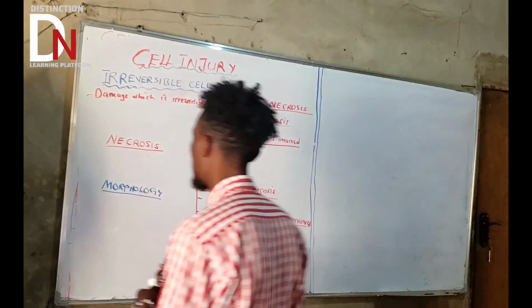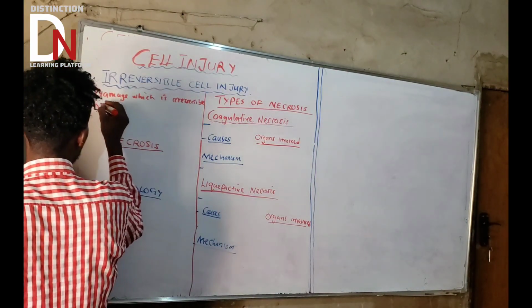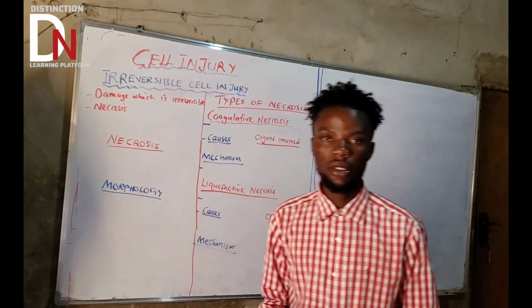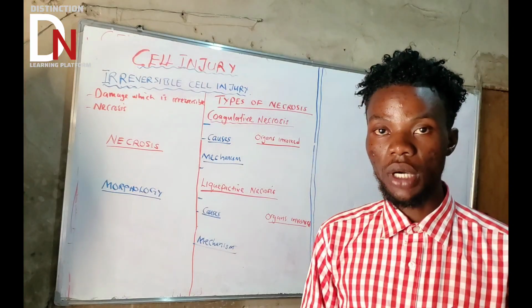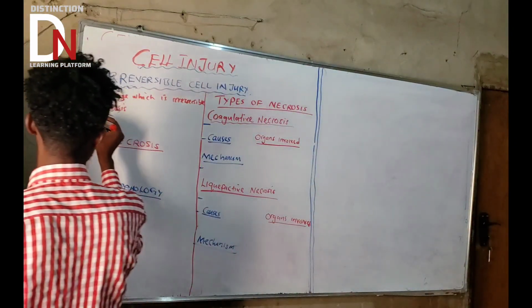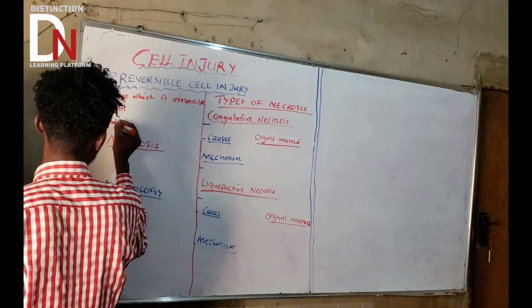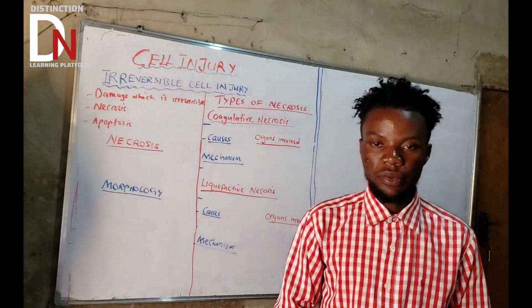The first one is what we call necrosis, the one that we are going to be talking about in this video. And what is the second one? The second one is what we call apoptosis.